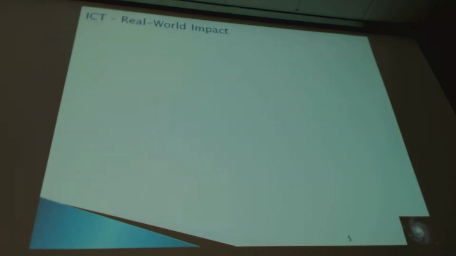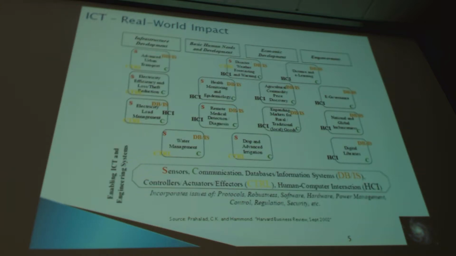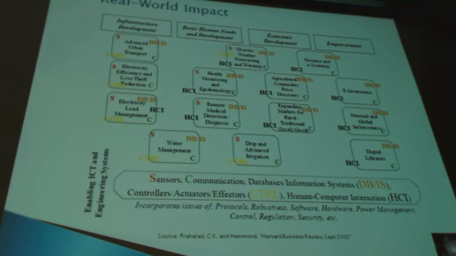So what is the real-world impact of all these domains? I talked about sensors, communication, databases. What is the real-world impact? One is infrastructure development, which helps in urban transport, electricity load management, water management. The other is basic human needs and development, like disaster and weather forecasting, warning, health monitoring, remote medical diagnostics.